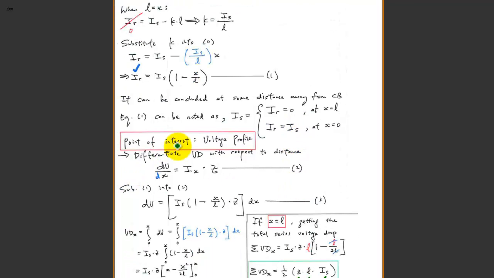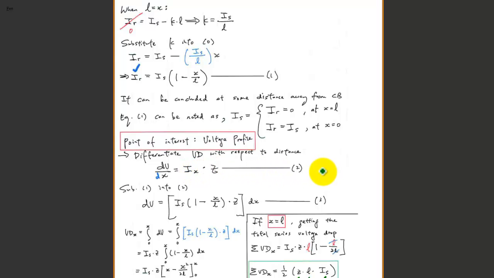So the point of interest here is to find out the voltage profile, to differentiate the voltage drop with respect to distance. We can go through some differentiation, dV, the voltage drop with respect to the distance, which is dx. In this case, it is equal to the current Ix times the Z, right?